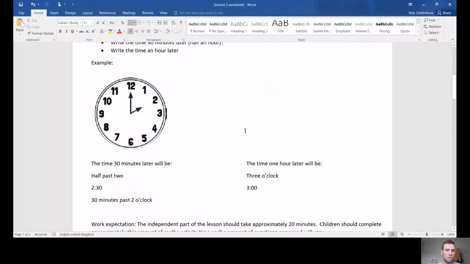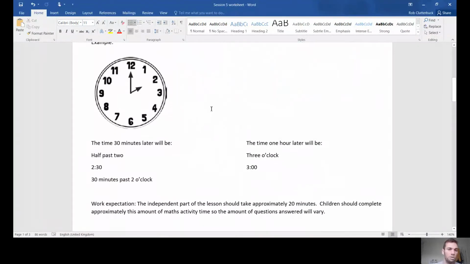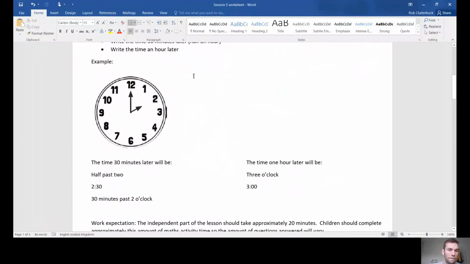Okay, now for your challenge today, we have given you some clocks. I'm just going to share what they look like. Where is it? There it is. Okay, so we've given you some clocks. And what we'd like you to do is pick a clock and tell us what will the time be 30 minutes later and what will the time be 1 hour later.